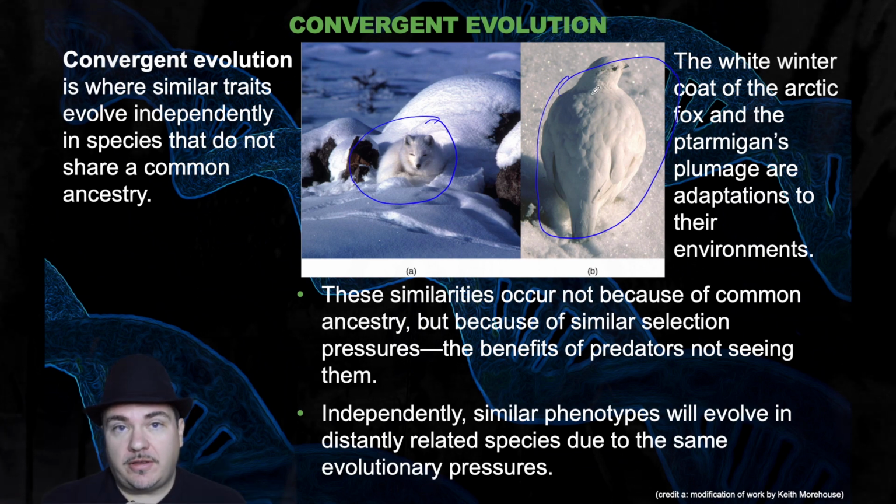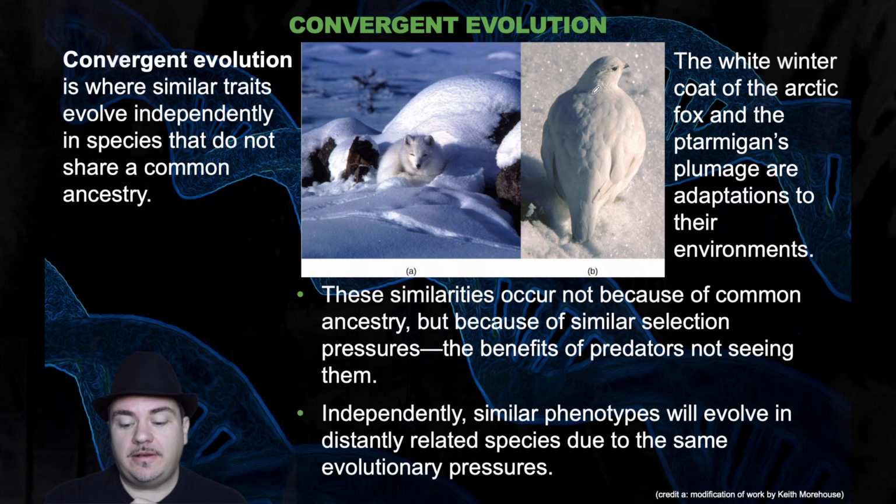Now that similarity is not because of a recent common ancestor, but rather because of similar selective pressures. In other words, they both hide well from predators. It's harder for predators to see them. So independently, similar phenotypes will evolve in distantly related species due to the same evolutionary pressures. They're both trying to hide from predators. That's convergent evolution. Similarity is not due to a recent common ancestor.